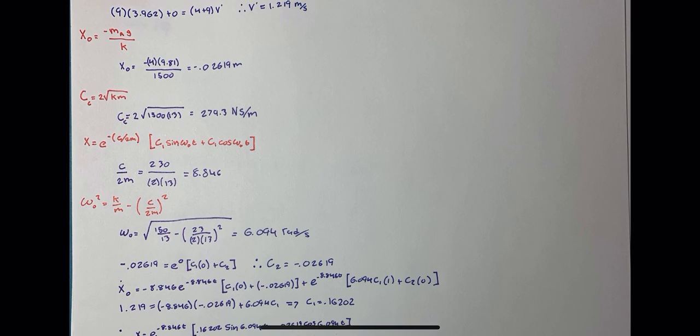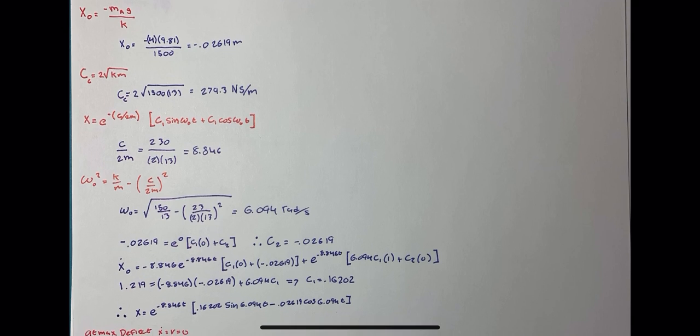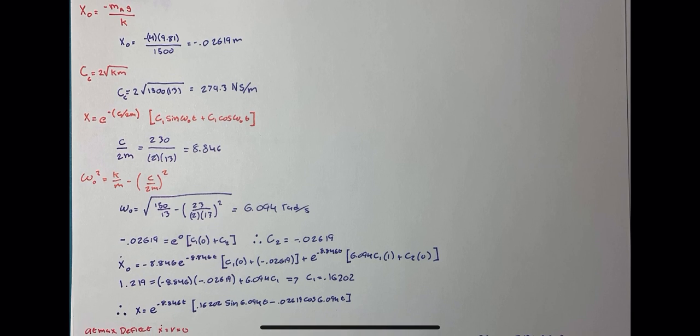Knowing that c is less than the critical damping coefficient, we have the light damping amplitude equation, which is x is equal to e to the negative c over 2m t times c1 sine omega naught t plus c2 cosine omega naught t.